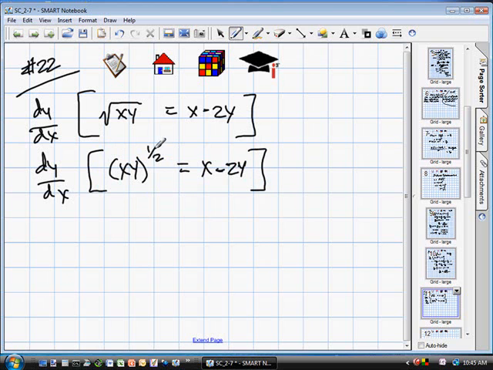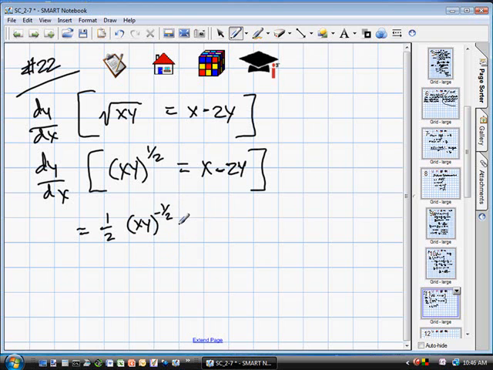First of all, I have to do a chain rule here because I have an outer and an inner function. What's the outer function? Use the power rule: 1/2 times what's in parentheses to the minus 1/2. But now I have to do the chain rule because I have an inner function, and in the inner function I have a product rule.